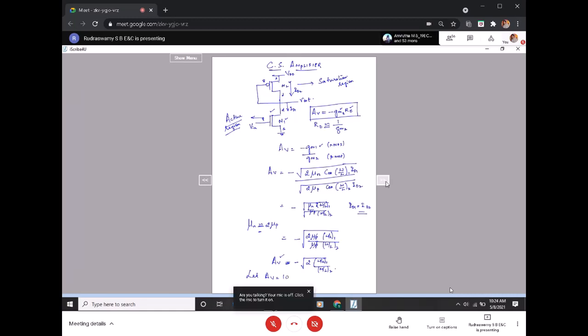If I substitute in the above expression, 10 equals minus the square root of twice W by L of 1 divided by W by L of 2. Taking the square, 10 squared, in other words, 50 equals W by L of 1 divided by W by L of 2.